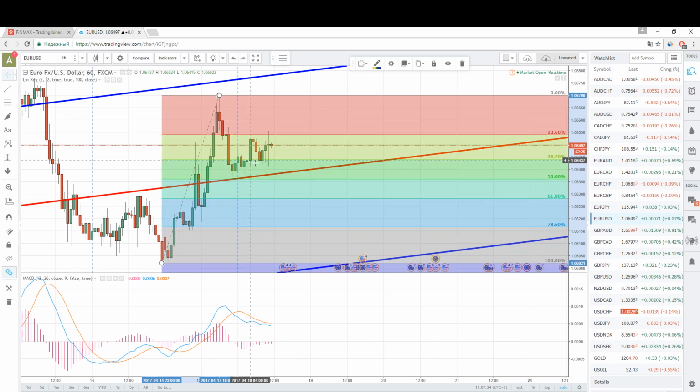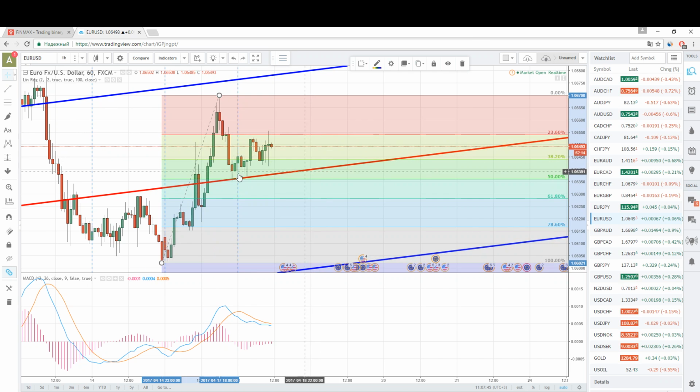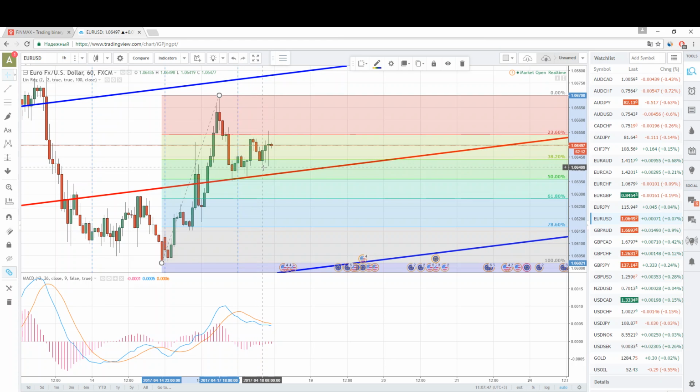Based on these levels you can predict the further movement, because if you know that the price will stop or stay near this line, it's an additional instrument for your analysis and prediction, which may lead to your successful trading, to your profit on the market.